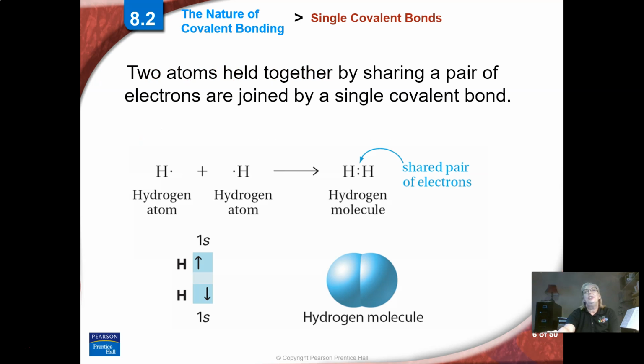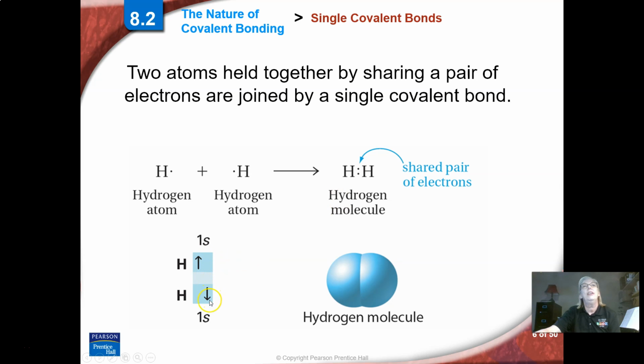So for example, hydrogen is one of those diatomic molecules. It likes to be in 2s. Hydrogen has 1 dot because it's in group 1. And it doesn't feel complete like this, but if it could share these 2 electrons, it would feel like it has a full outer shell, because remember, hydrogen's in period 1, and it wants to be like helium, which has 2 electrons.